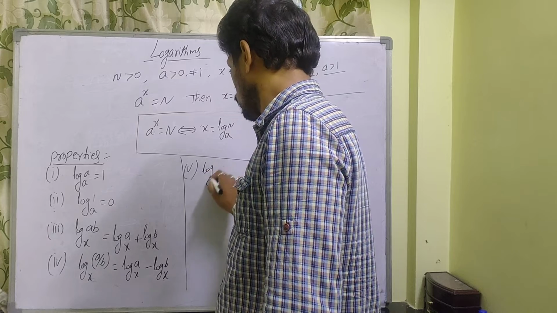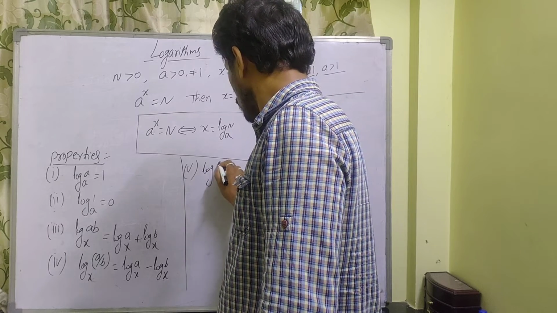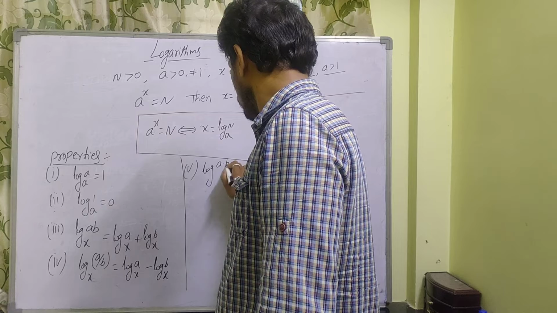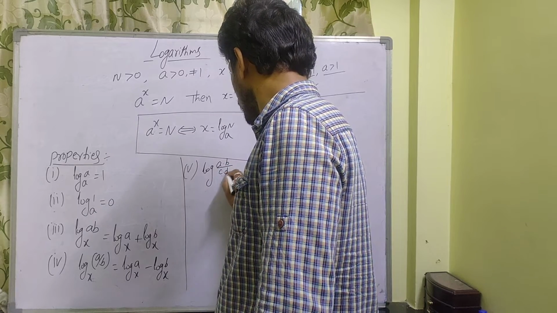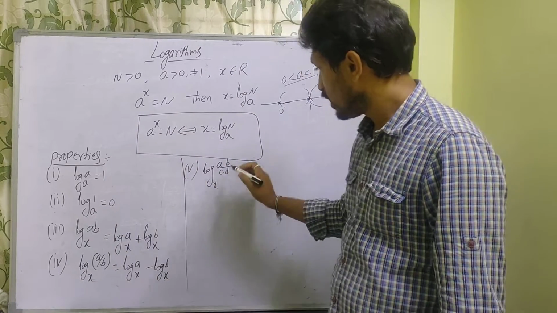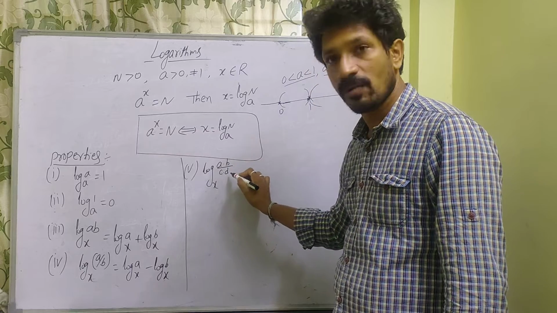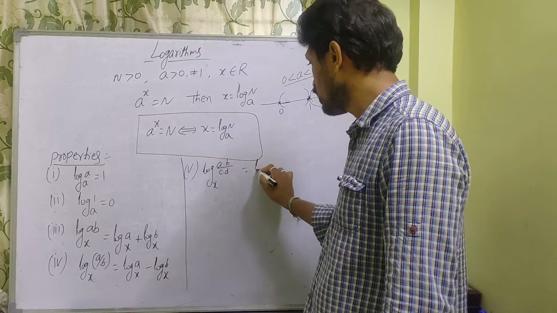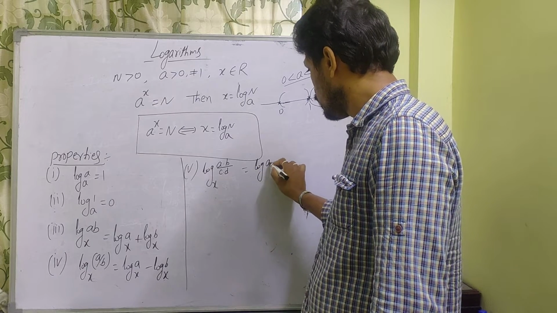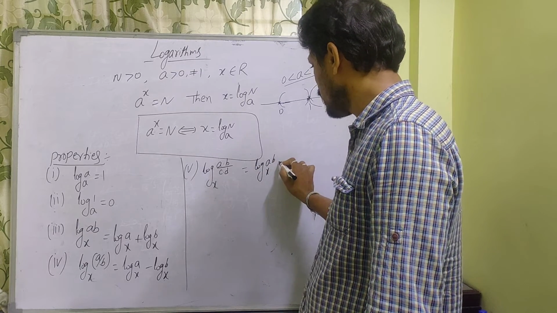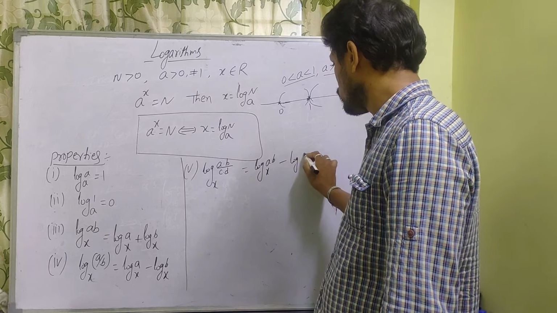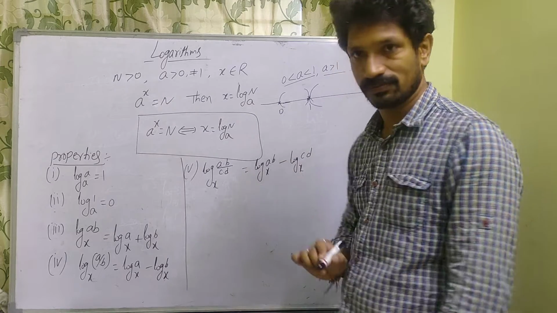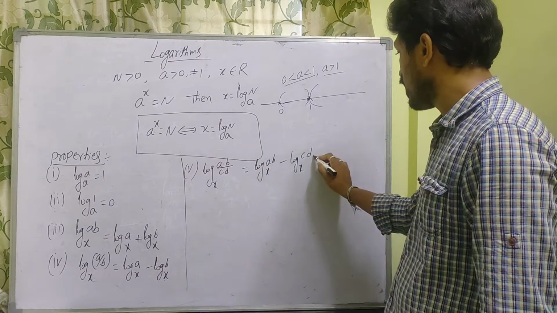Next one. Suppose you have log of a into b by c into d, a combination. Here it is a into b in the numerator, c into d in the denominator. How do you write it? For the numerator product you write log ab base x minus log c into d base x. You can expand this like this.